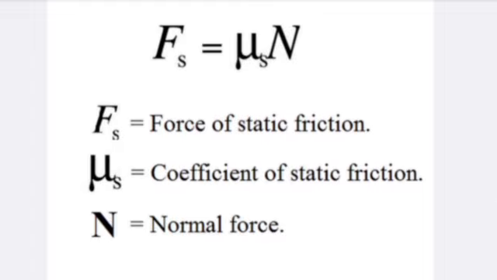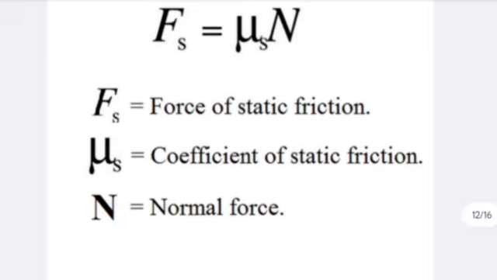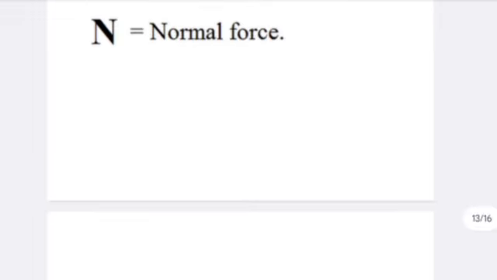Let's write some formulas important for numericals. Fs is equal to force of static friction. Mu s is equal to coefficient of static friction. N is equal to normal force.